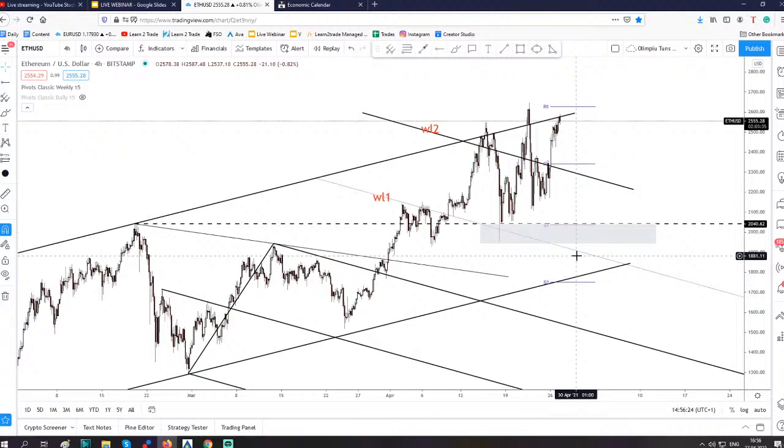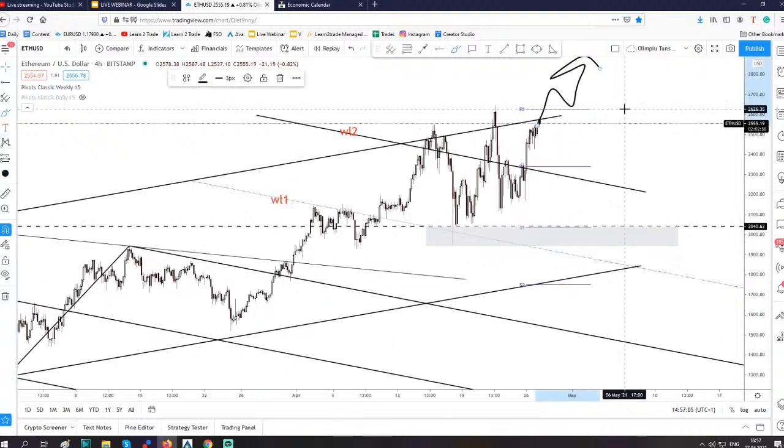So we are again near strong resistance area, and I believe that only a valid breakout, something like this, above the weekly R1 2626, above the upside line of the ascending channel, could signal a further increase here on Ethereum.